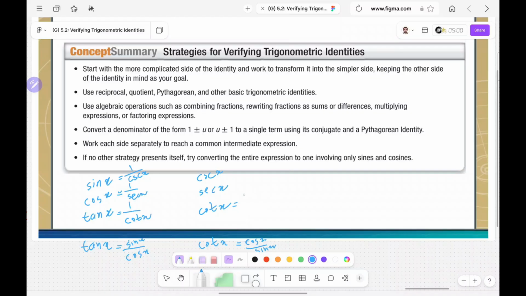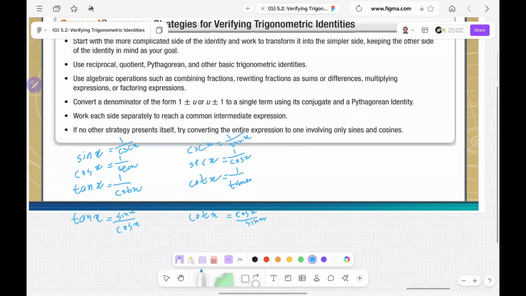All of these you have to memorize very well because you are going to use them while solving the question. If you memorize them and practice more, it will be easy for you to simplify. Also, we have the Pythagorean identity, for example sine square x plus cosine square x is equal to 1.